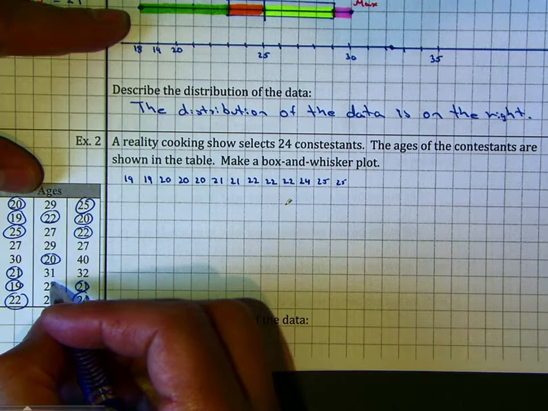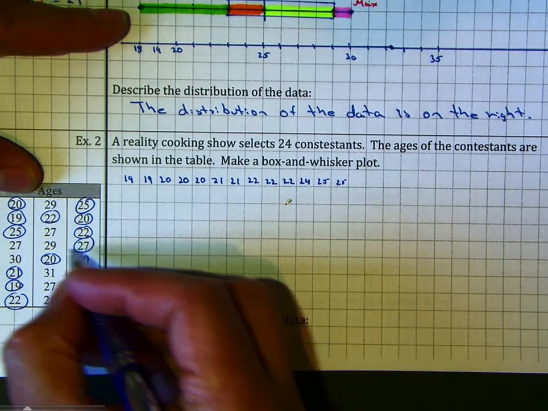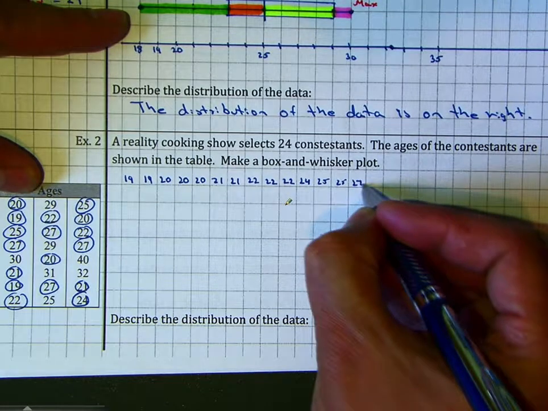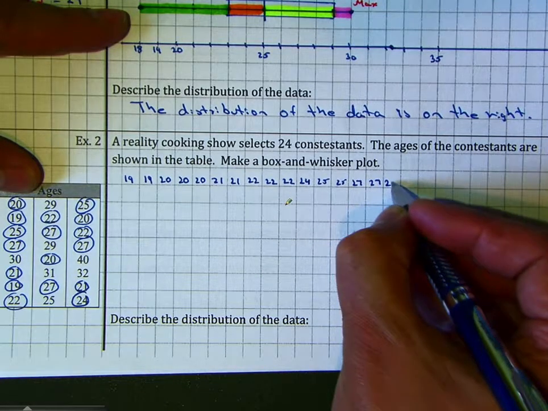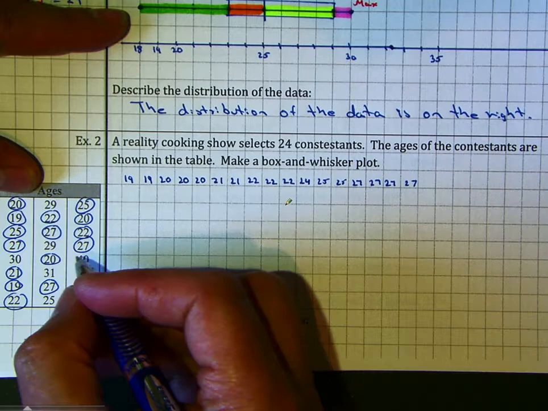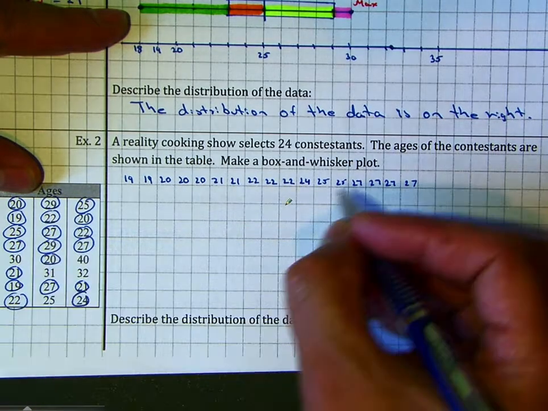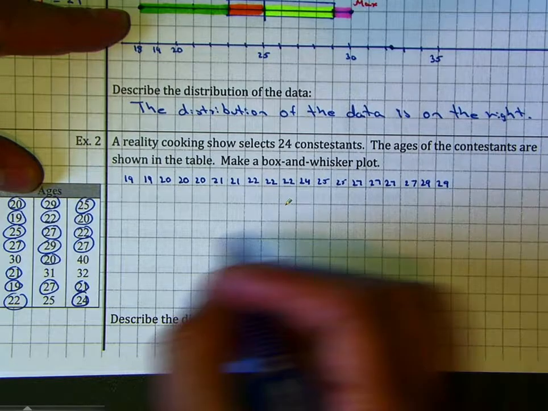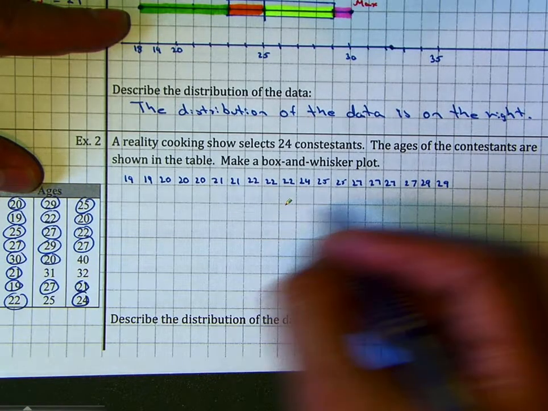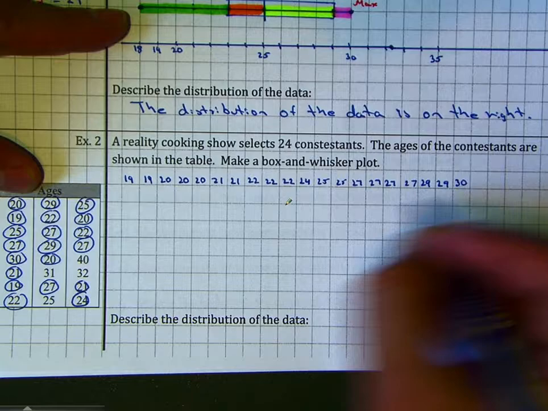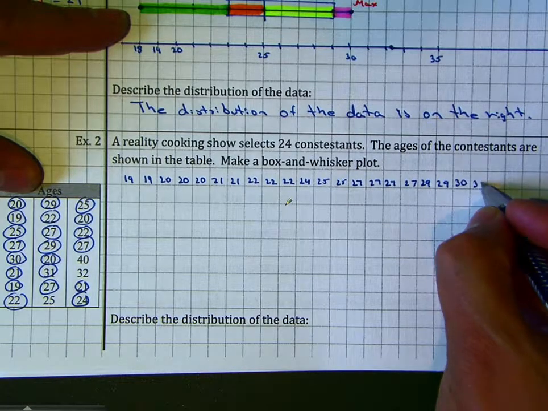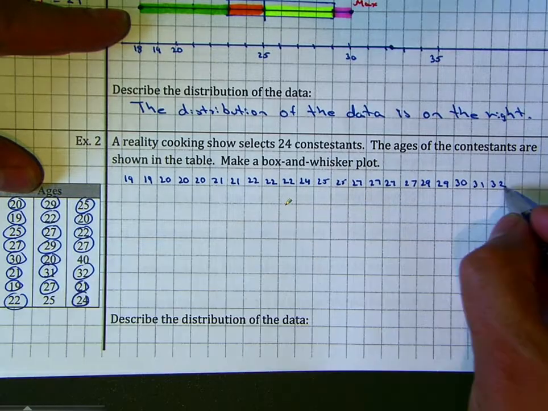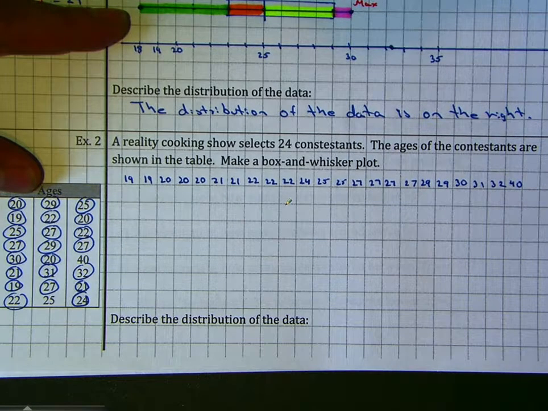We have a 27. 1, 2, 3, 4 27s. We have a 29, two of them. We have a 30. We have a 31. We have a 32. We have a 40. Darn it, I missed a 25.